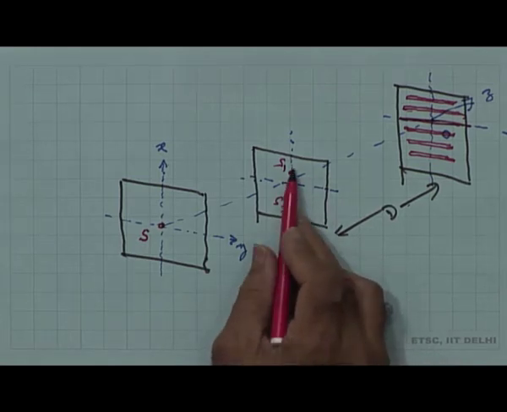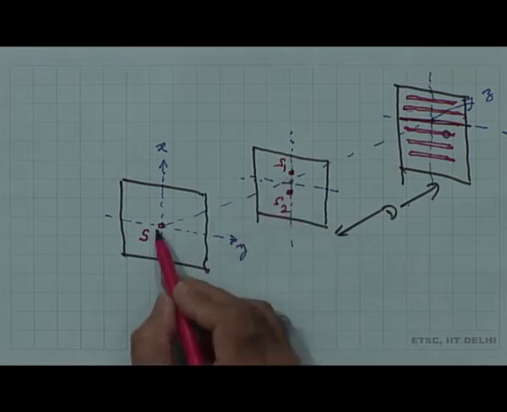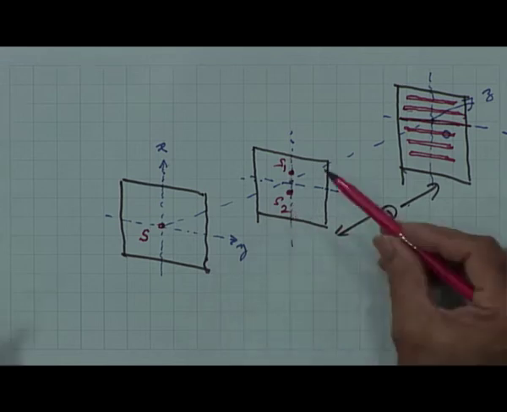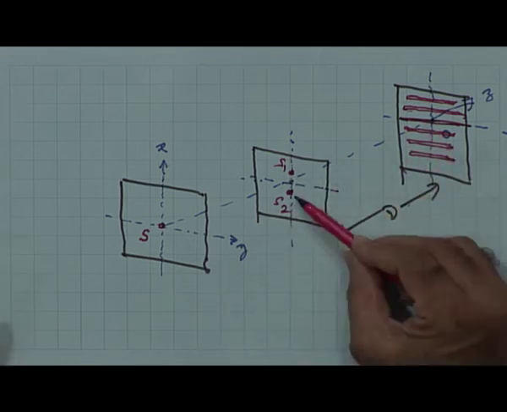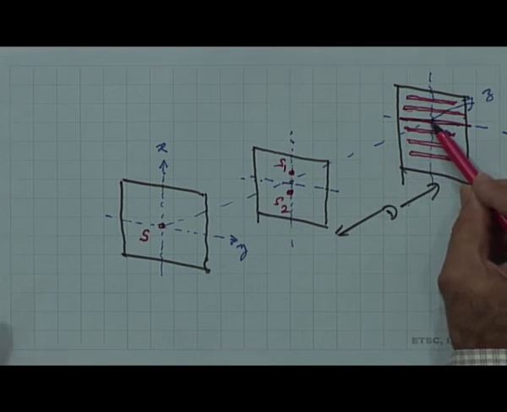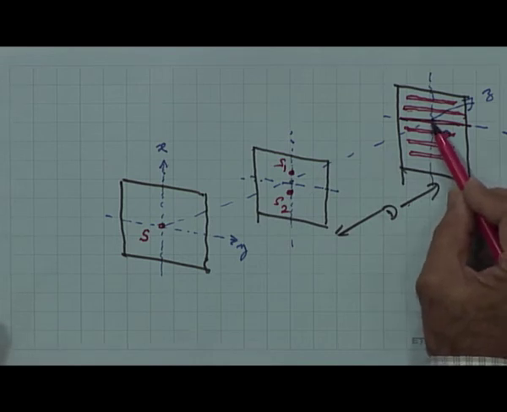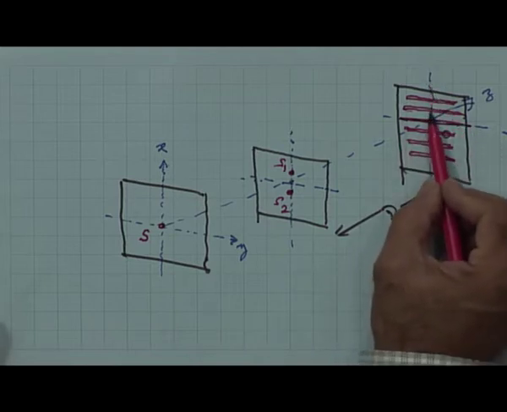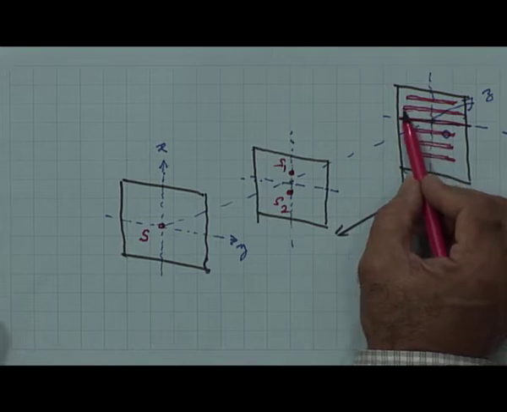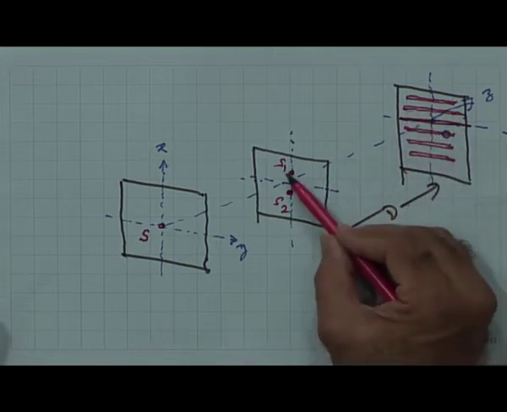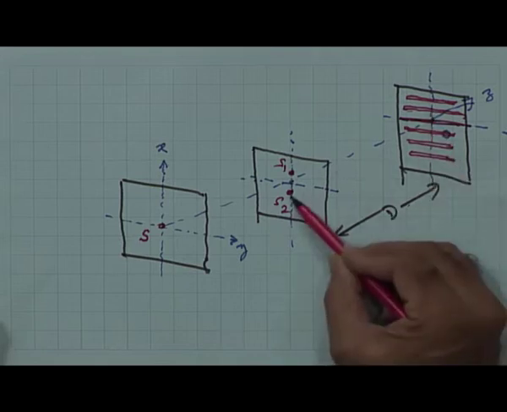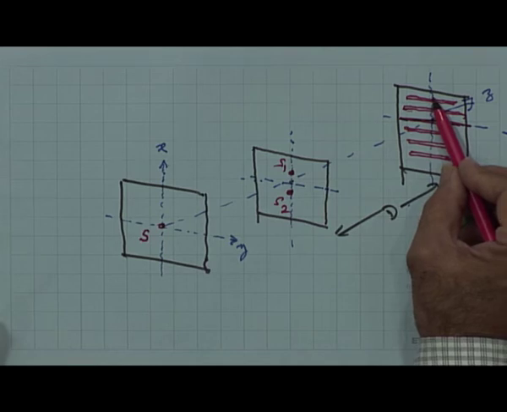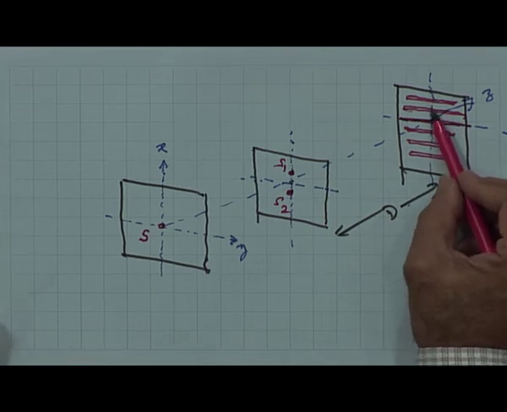If the two sources are placed symmetrically, this distance is the same as this distance, therefore S1 and S2 will be in phase, and S1 O and S2 O will also be identical. Therefore, this is the central fringe, where the path difference is 0. The first fringe is formed when the path difference from S1 to this point and from S2 to that point is lambda.